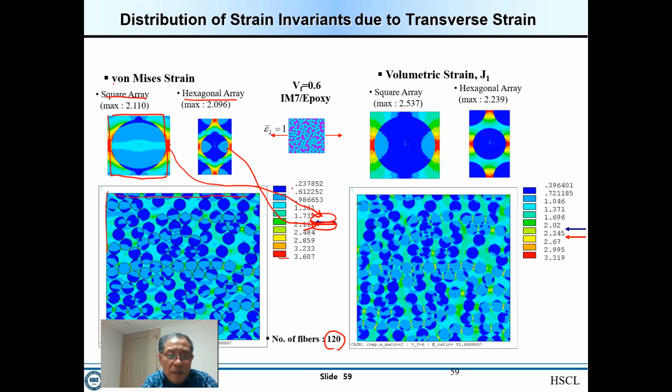This is the distribution of the von Mises strain, and this is the volumetric strain.